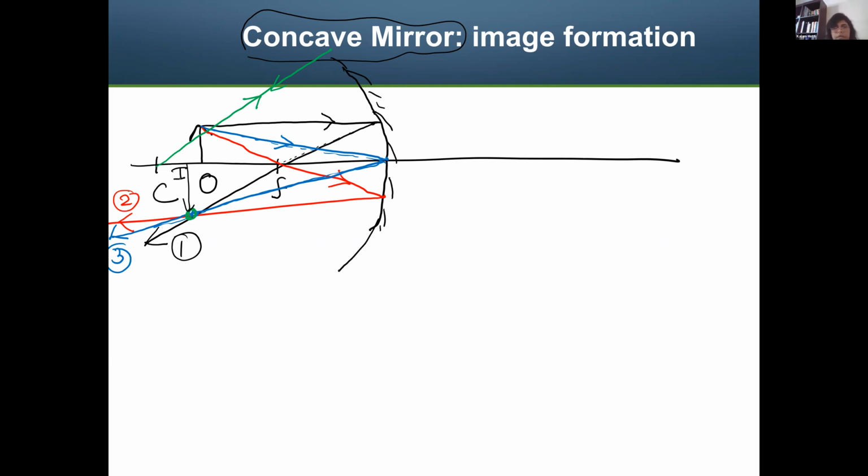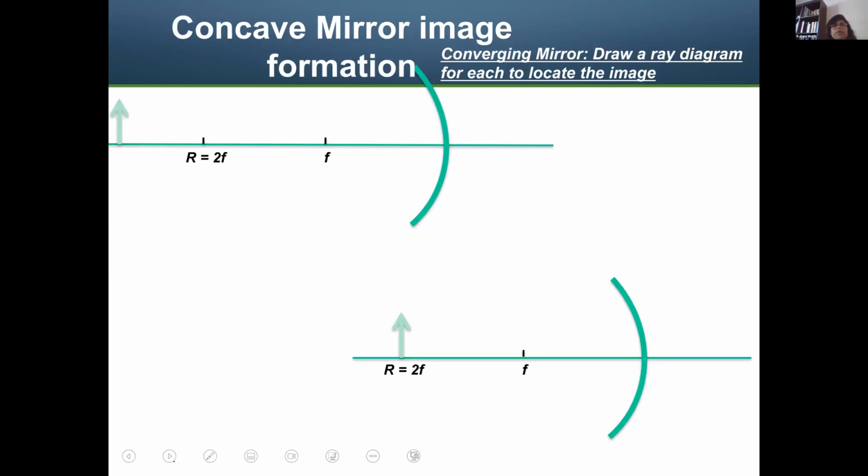I'm going to come back to the convex mirror in a minute, but let's move into some drawings. Here I have the object further away than your radius point, or C. You can say C or R, it doesn't matter, twice F, right? The radius point.